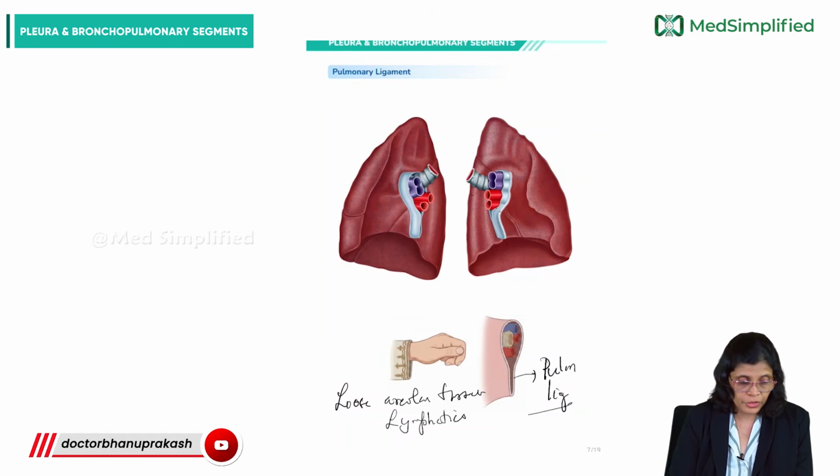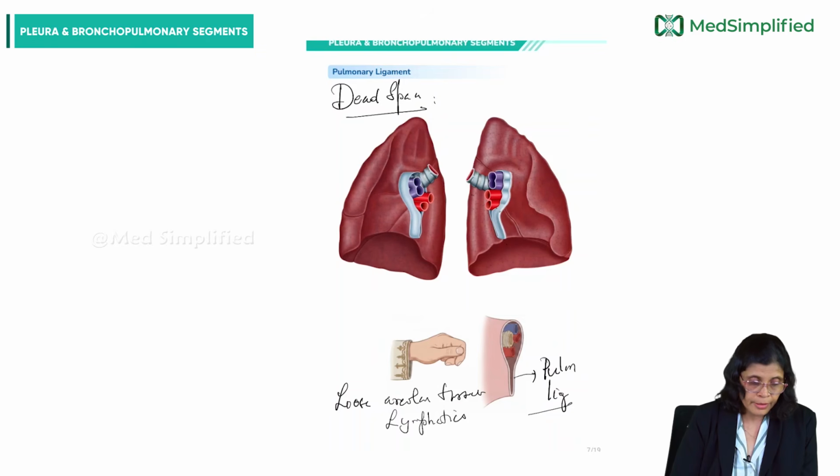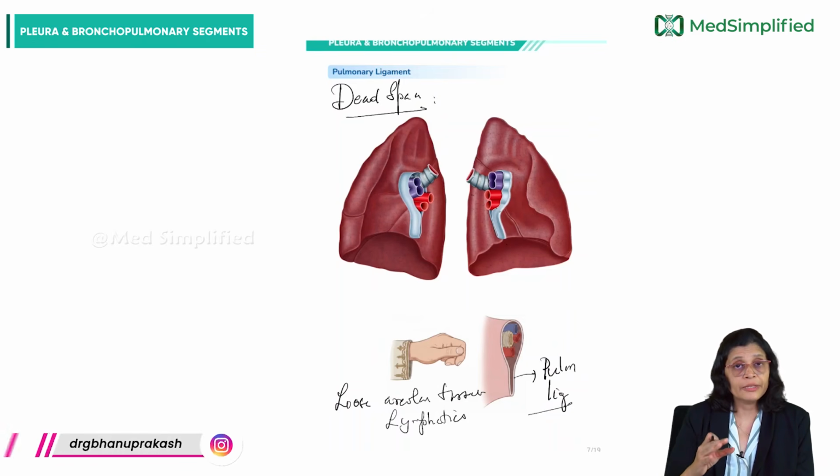Now what is the function of this pulmonary ligament? One thing is it provides a dead space, so that the pulmonary veins can expand into that space during increased venous return.